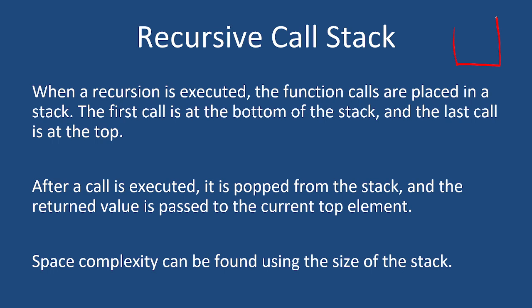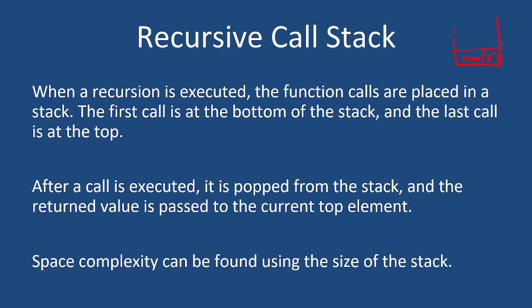So let's say this is a stack. First, what would you call if you were to sum up 3 numbers for that function which I showed you? You would first call the sum of n, right? So you would call sum 0 to n for 3, and you would place it in a stack.